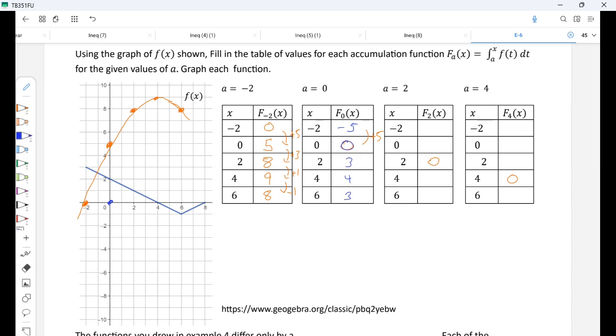Okay. So now we have to back that pattern up. We've got to take away 3, so negative 3, take away 5, negative 8. And then it should be 0, 1, 0. And then our last one should be negative 1, negative 1, negative 4, negative 9.